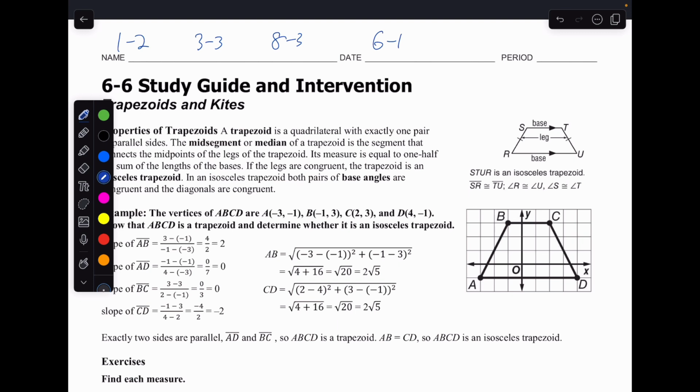So knowing that we have covered all of those four, we are going to start 6-6 and trapezoids and kites.